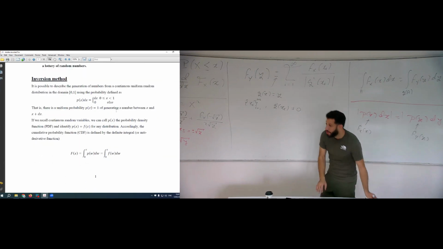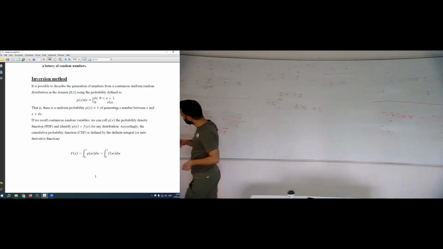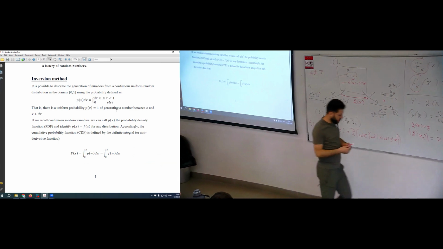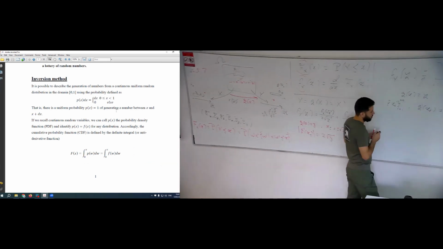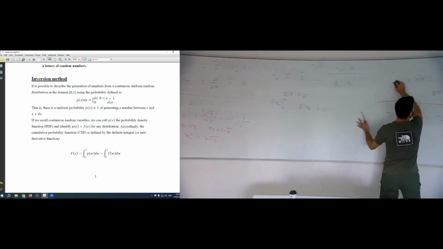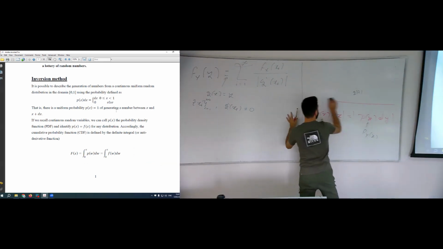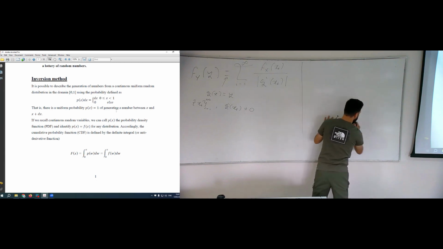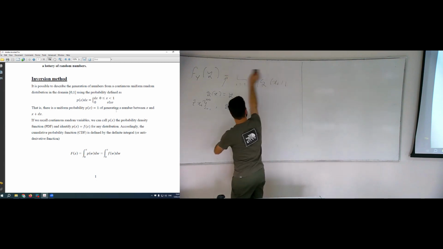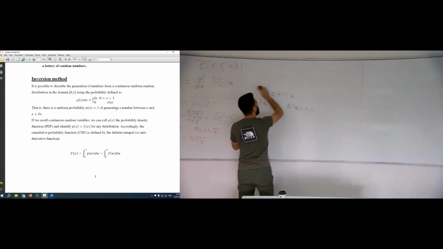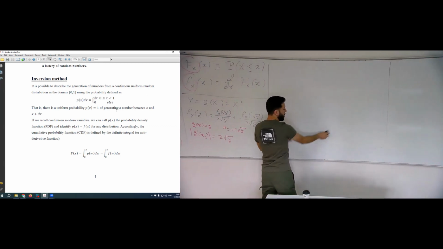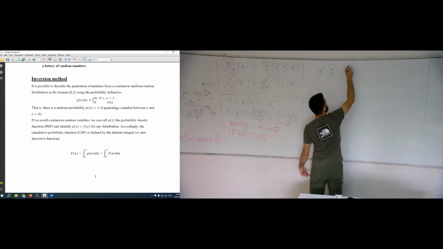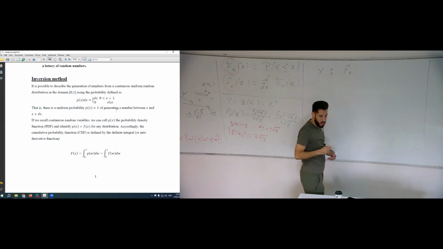So what's our inversion method? Our inversion method is to produce, if I want to produce X, that its distribution is described by some PDF.